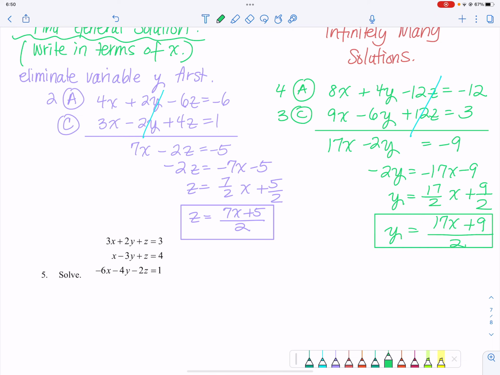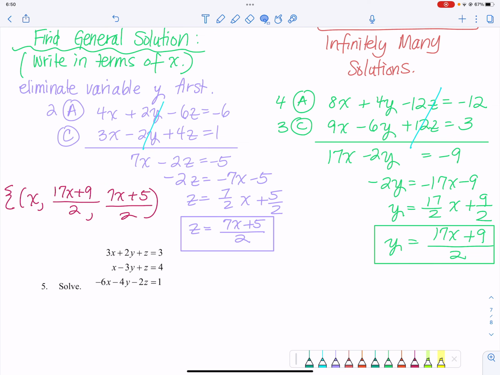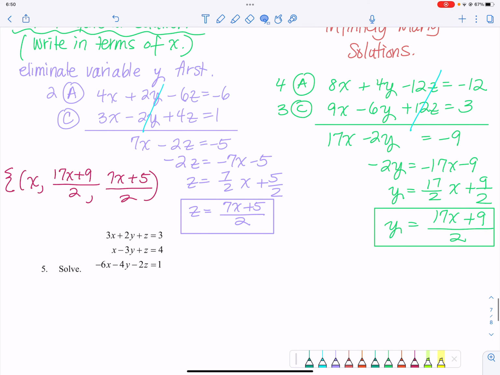So we finally have this expression for our solutions, and it looks like this: x, 17x plus 9 divided by 2, 7x plus 5 divided by 2, and so we would have the set of all those values such that x is a real number.